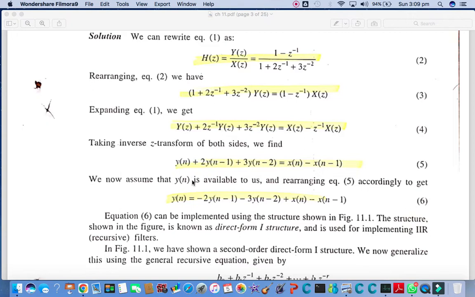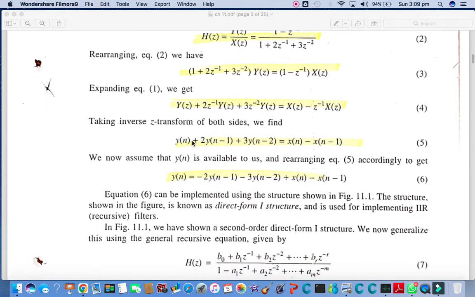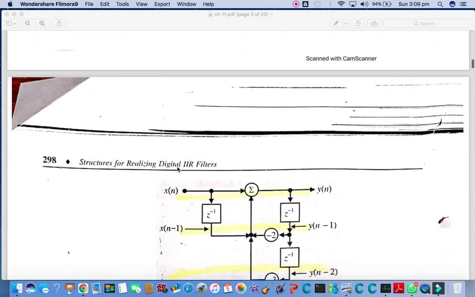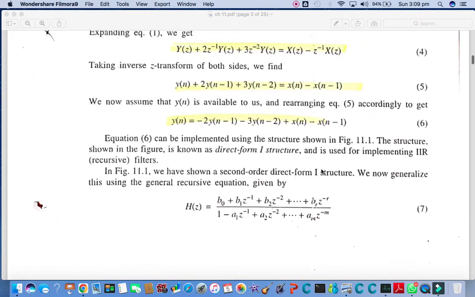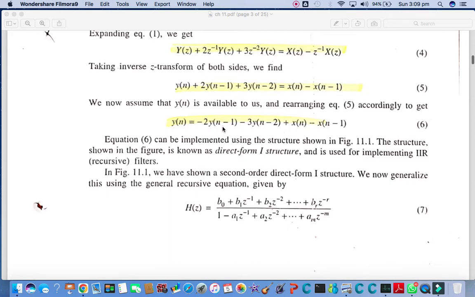We have rearranged the terms of the equation on the right hand side with only y(n) on the left hand side, and we will construct this kind of diagram. We have x(n), we have y(n), and we want the values of y(n-1) and y(n-2), as we have in this equation: y(n-1), y(n-2) and x(n-1).